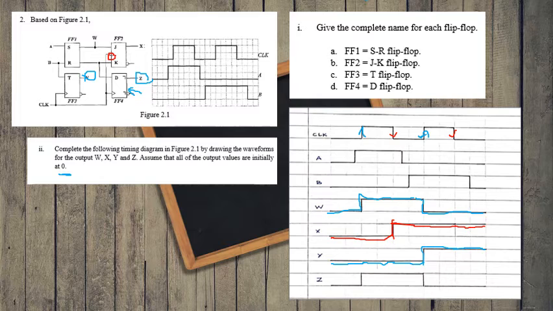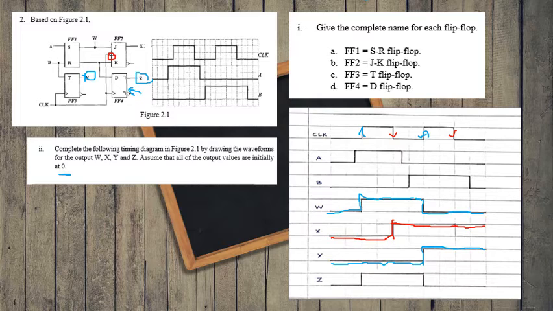So when the input is low, the clock is initially 0, so it doesn't trigger.